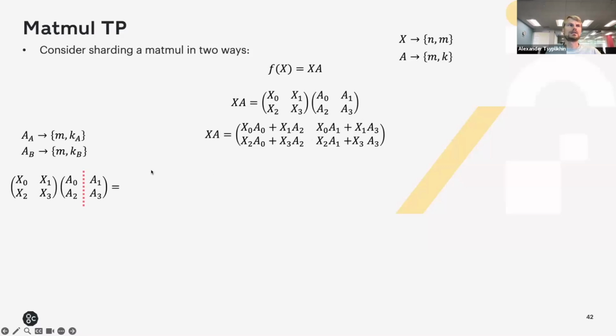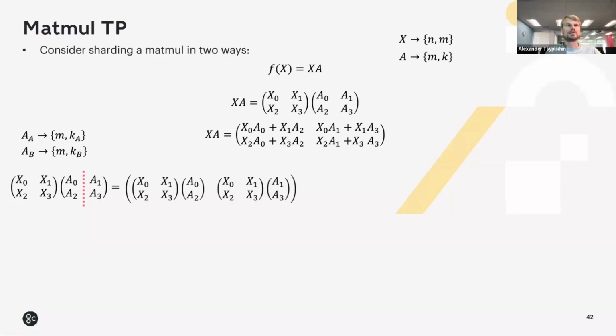And based on that, we can consider two options for the parallelism. We can split the matrix A column-wise, as shown here, and one slice of this matrix will reside on, say, device number 0. The other slice will reside on device number 1.